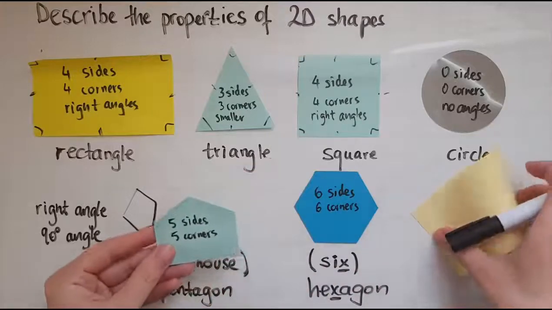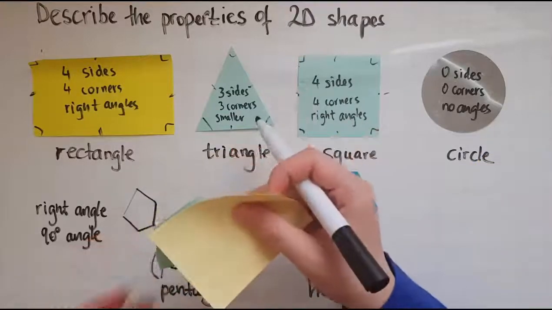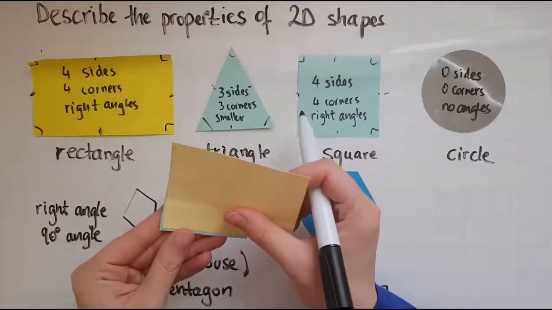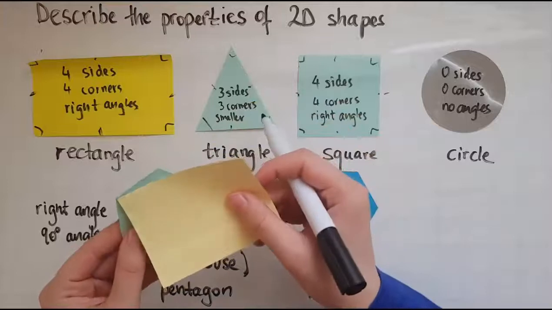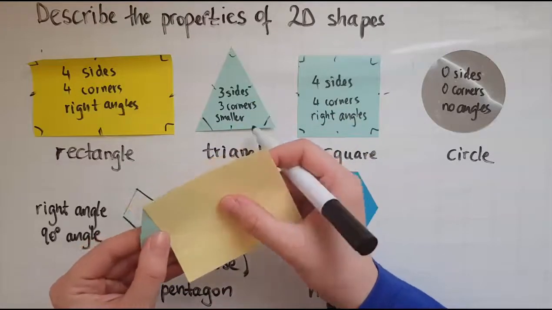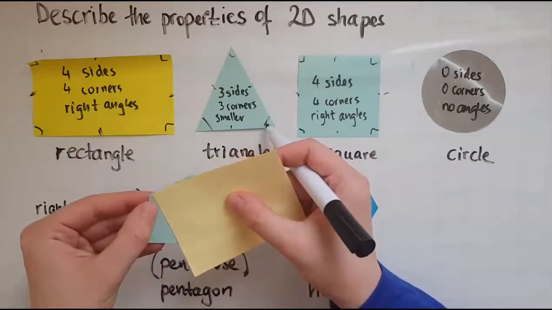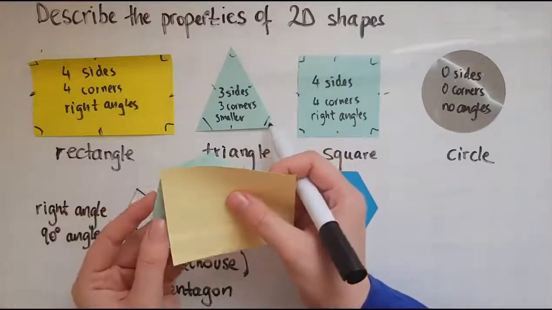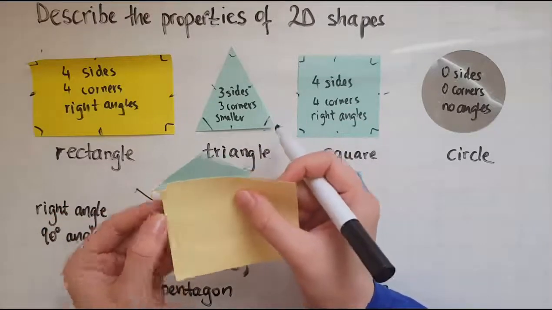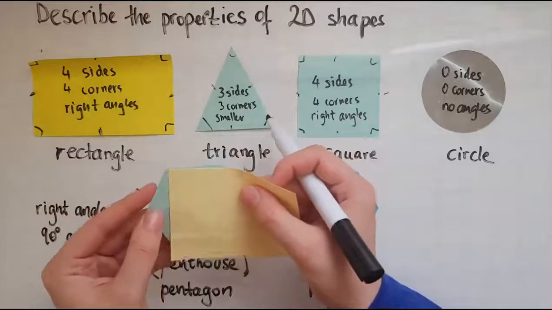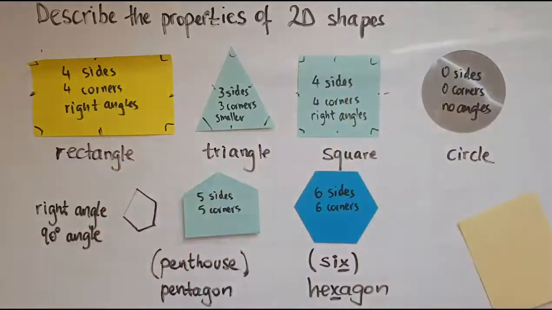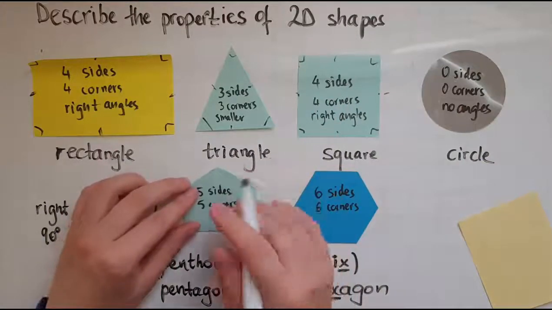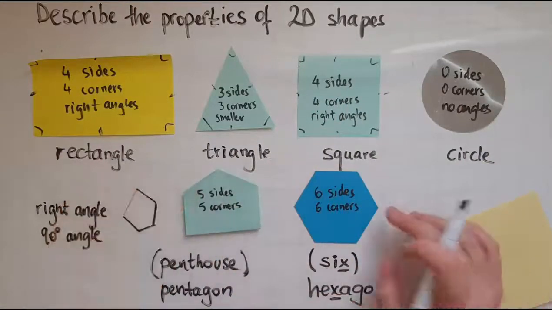So for this particular one that we have, we've got some right angles, and we've got some angles which are bigger than 90 degrees, as you can see. So bigger than a right angle. So this has different ones, has right angles and others as well.